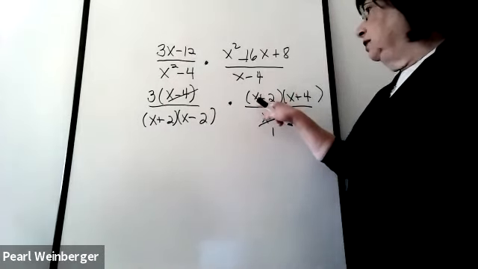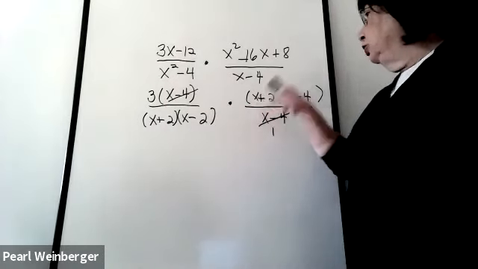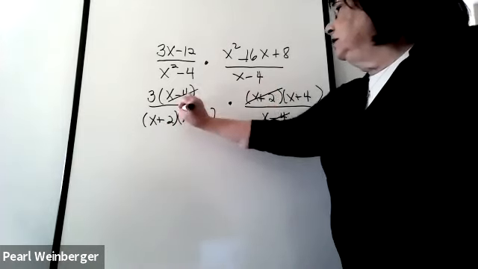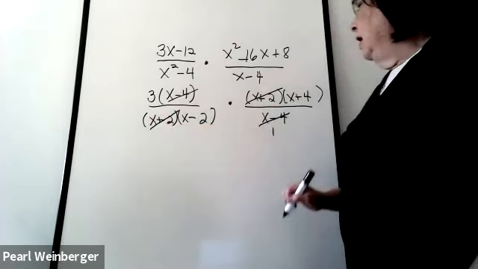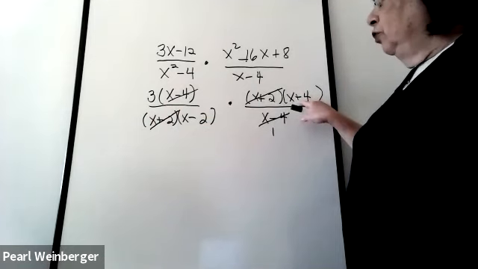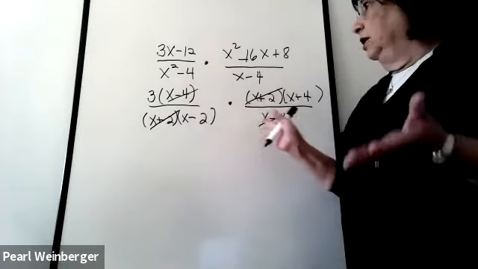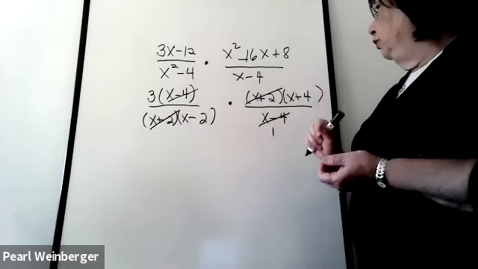Then I have an x plus 2. Is there anything I can cancel out the x plus 2 with? Yes, there is an x plus 2 over here. So I cancel this out with this. And finally, I have an x plus 4 and an x. There's nothing to cancel that x plus 4 with.